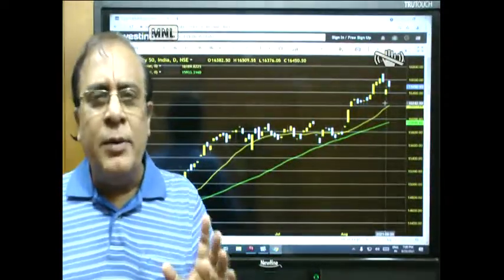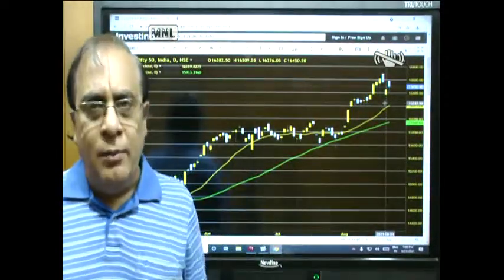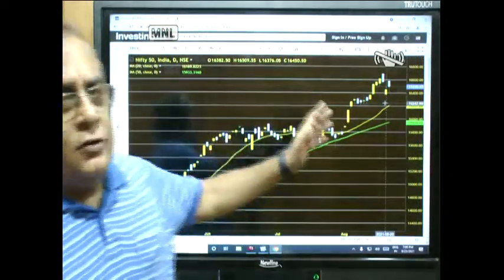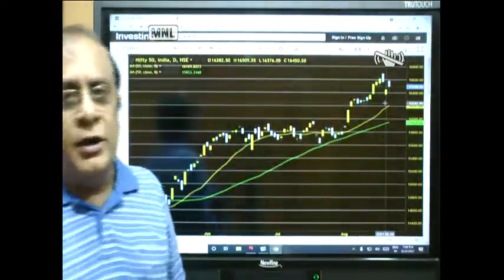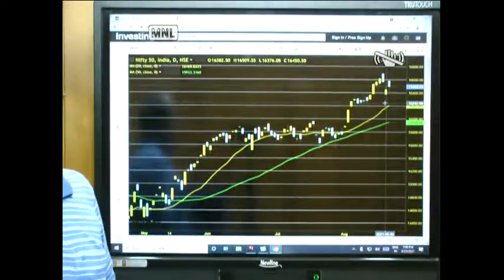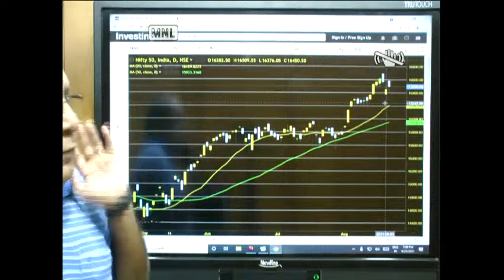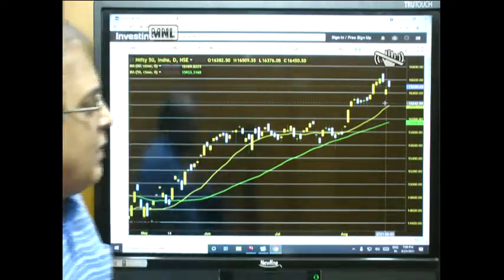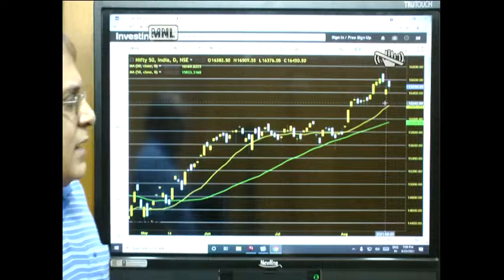That means one particular day's range should be the maximum stop loss for a position trader who trades on a daily chart. So this is 150 points. Now, as per the bar chart, you are long. And of course I've overlaid it with a 20 moving average and a 50 moving average.